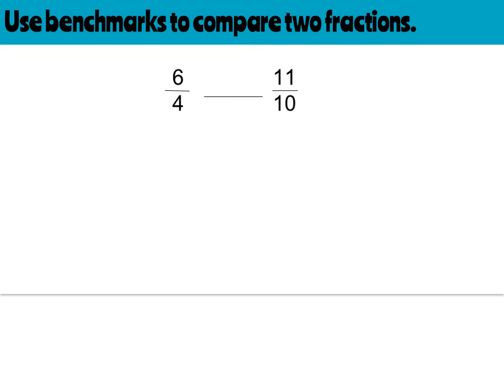So if I have 6 fourths, 4 fourths of those are 1 whole, and then I have 2 fourths remaining. And then if I have 11 tenths, I know that 10 tenths would make 1 whole, and I have just 1 left over. So I have 1 and 2 fourths, and 1 and 1 tenth.